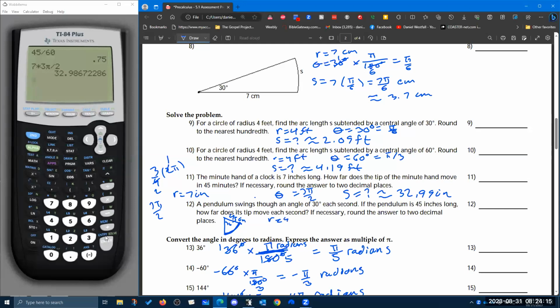So R is equal to 45 inches. Theta is equal to 30 degrees, which is pi over 6 radians. S is equal to 45 times pi over 6. And we're going to round this to 2 decimal places. So this is about 23.56 inches.